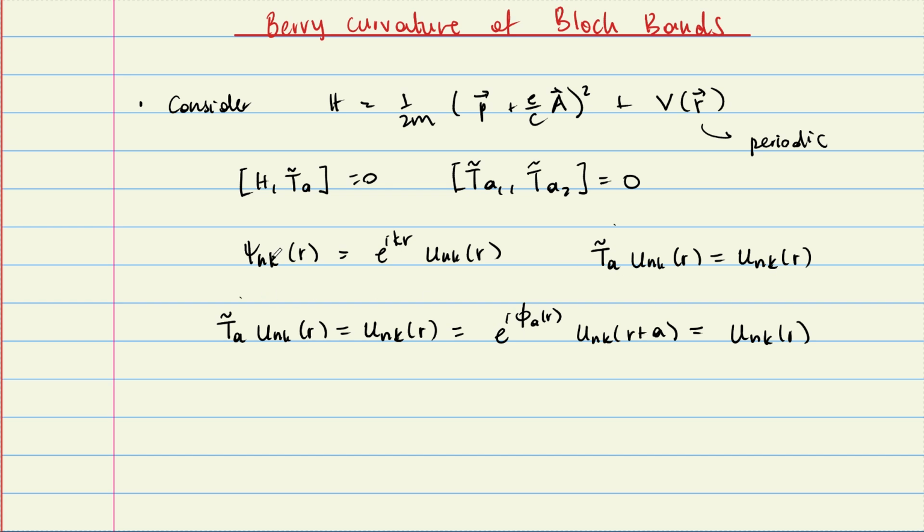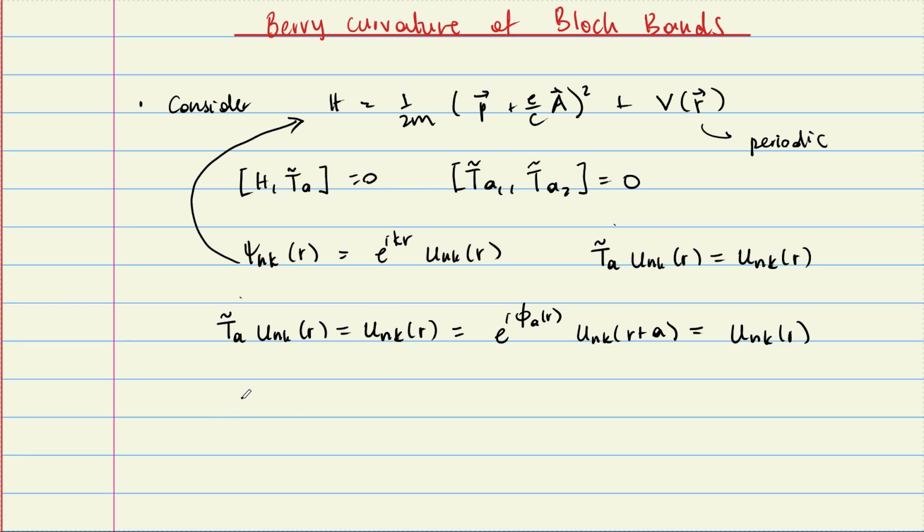Now if you plug this in here, what we are going to find is a standard thing: we just operate either e to the ikr on u, and after e to the ikr did its job, we just cancel the things.